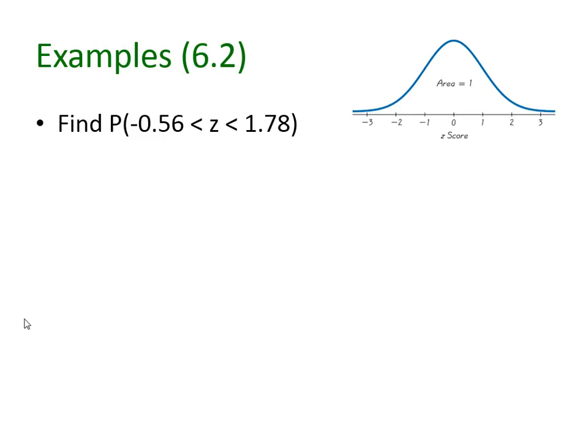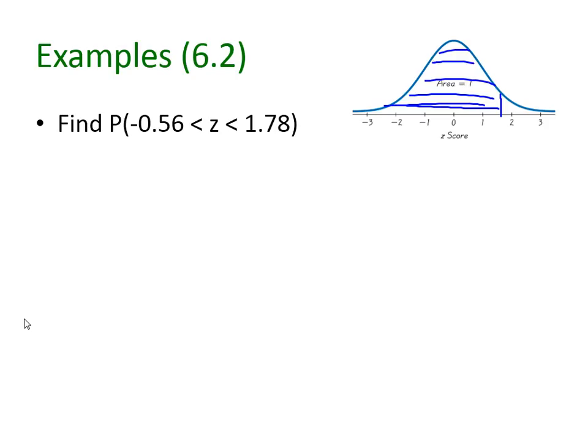So if I'm trying to find the probability that my value is between negative 0.56 and 1.78, what you're going to end up finding is the probability that's less than the 1.78, so that's going to be right about there. So that's going to be the area to the left is what you're going to find on this.